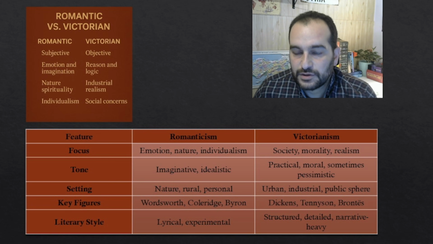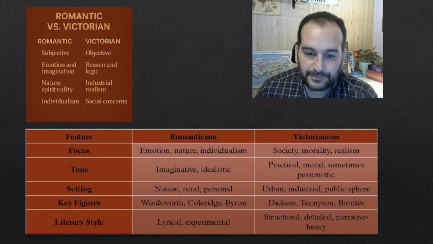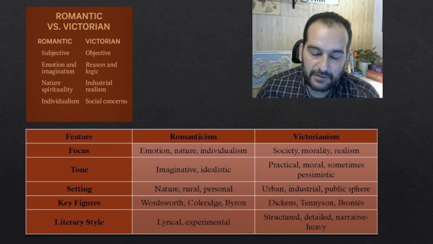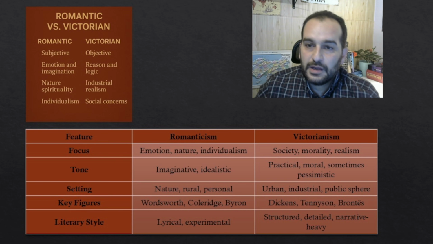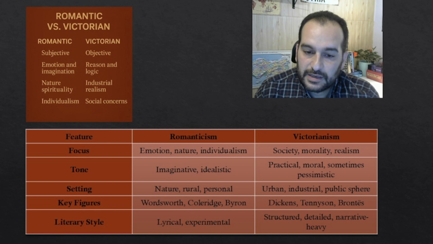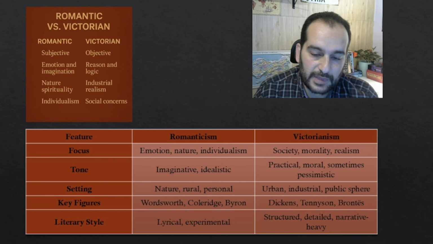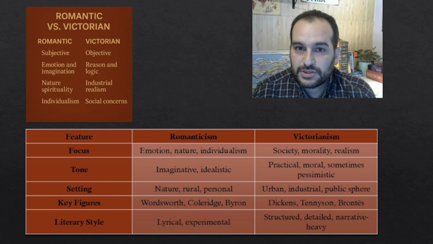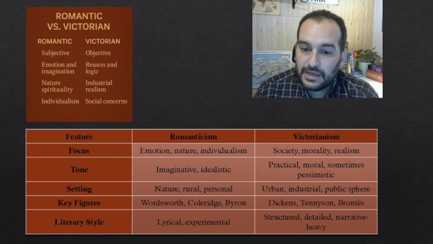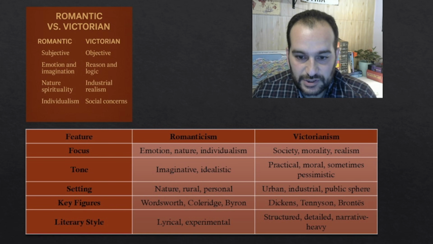For the Victorian age, of course, Charles Dickens and the Brontë sisters. And for the literary style, as you remember, the Romantic period was the age of poetry, and we see a lyrical and experimental style of literature. Meanwhile, as I mentioned earlier, the Victorian literature is structured, detailed, heavy, and also full of great expressions.